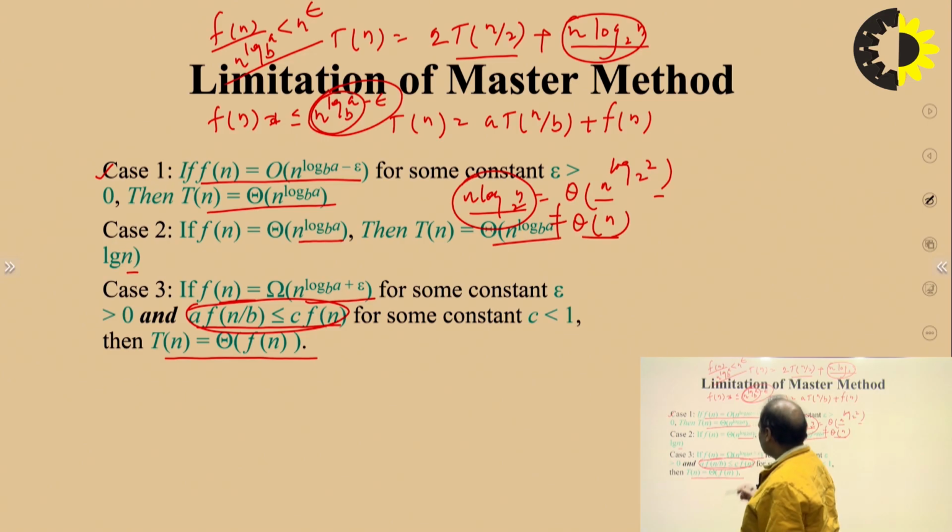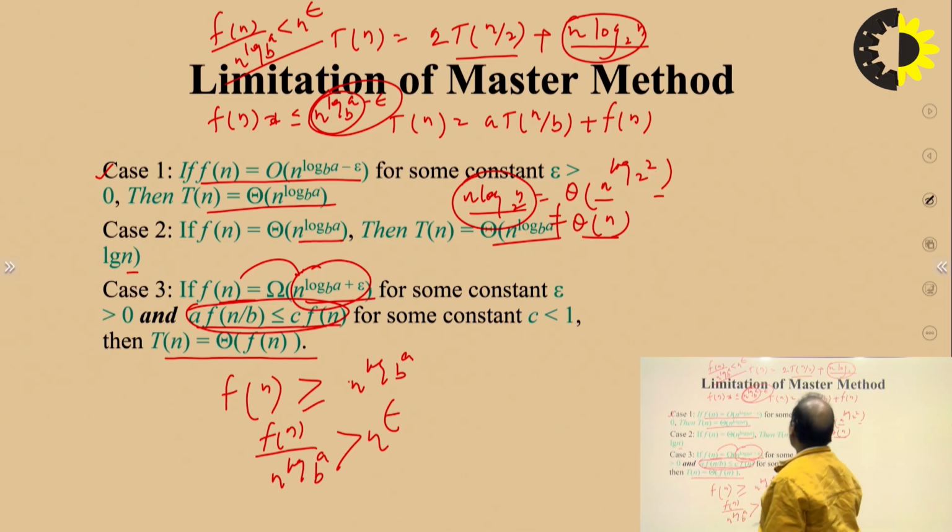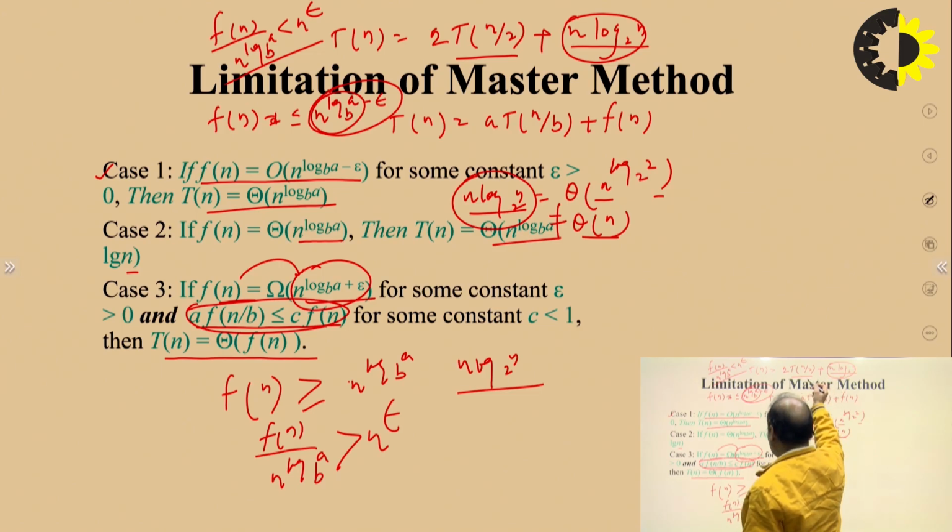On the other hand, in case 3, f(n) should not only be greater than n to the power log a base b; it should be polynomially greater. That means f(n) divided by n to the power log a base b is greater than n to the power epsilon. Here f(n) is n log n, which is not polynomially greater than this value.